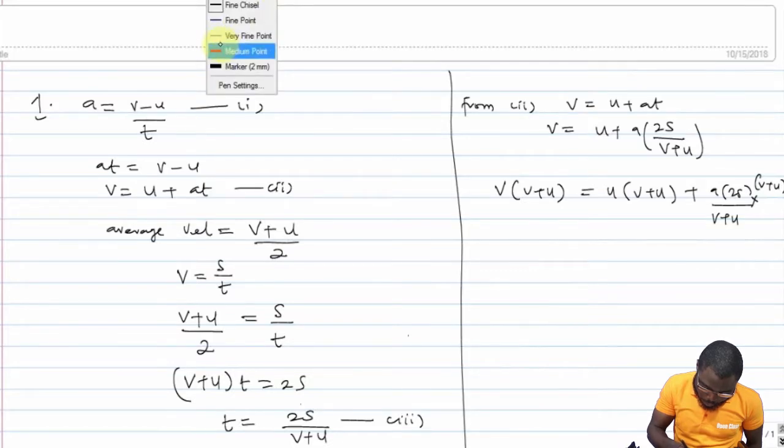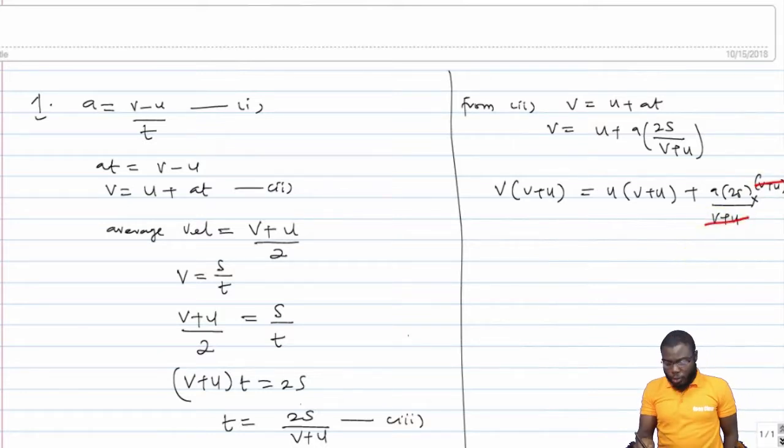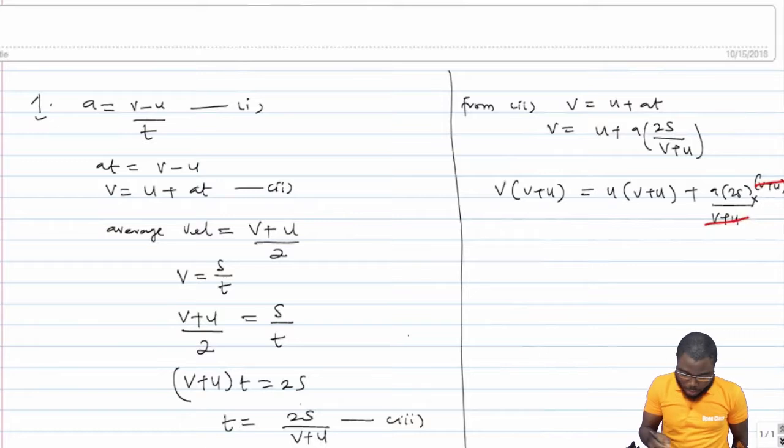Let me use red pen there. This would cancel this. All right, so if that cancels that, then you have this one.